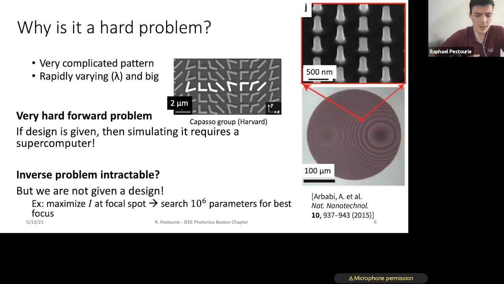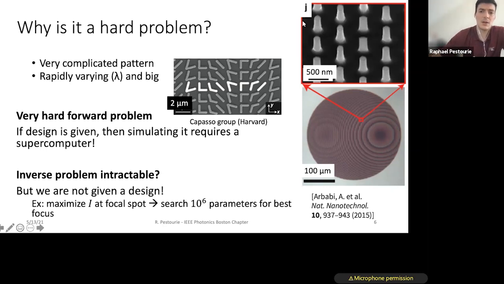So why am I talking about inverse design of meta-optics today, and why is it a hard problem? The main reason is that those devices present two very different length scales. There is a nanoscale, the scale of those features that are often subwavelength.